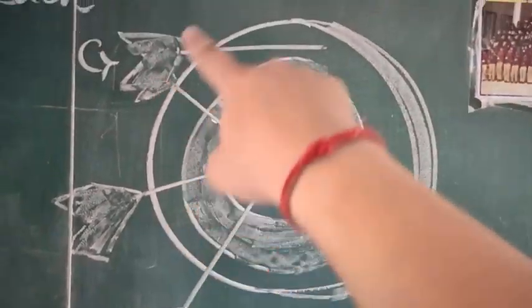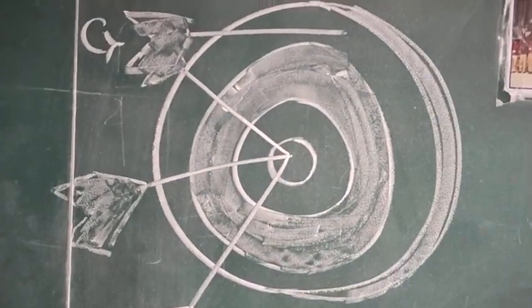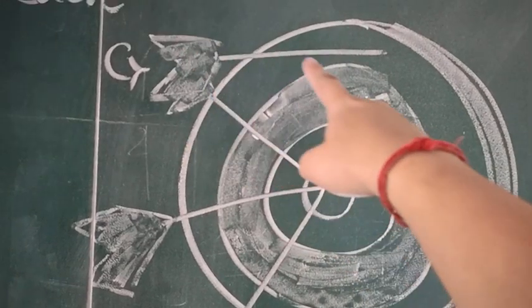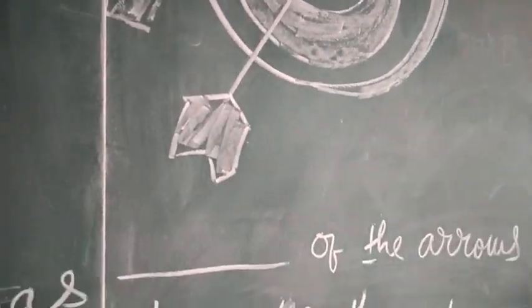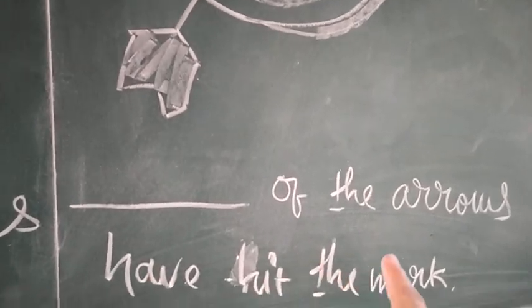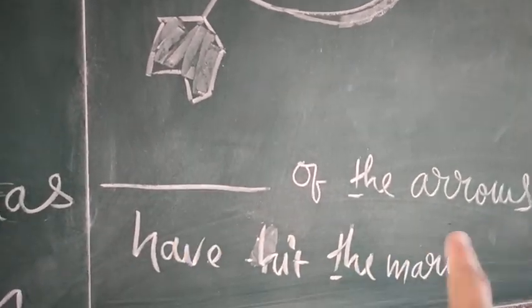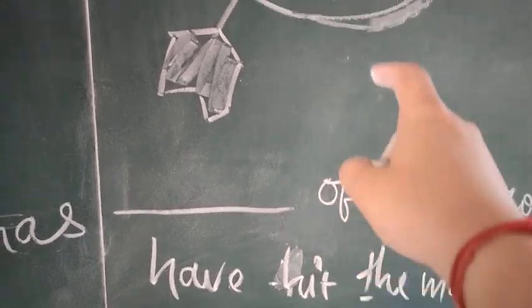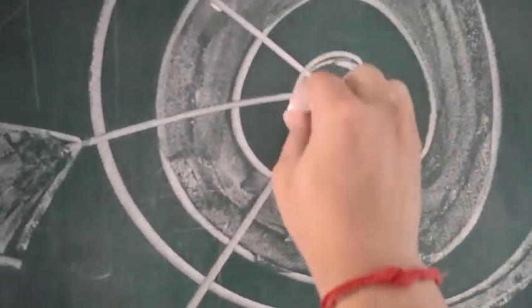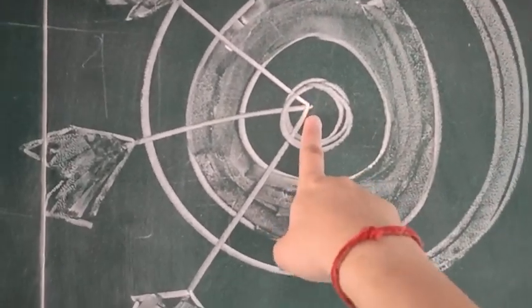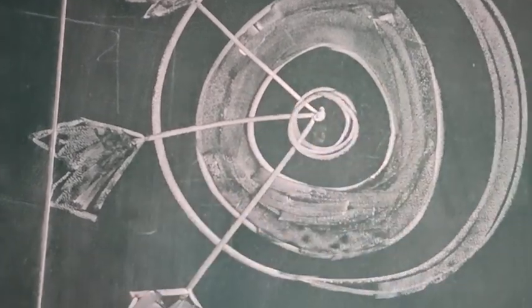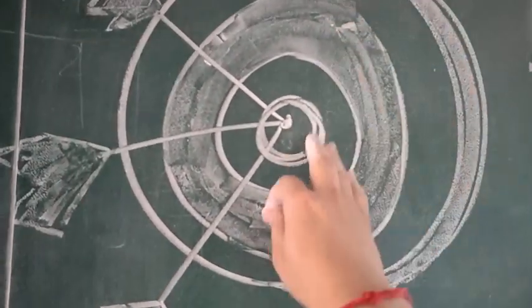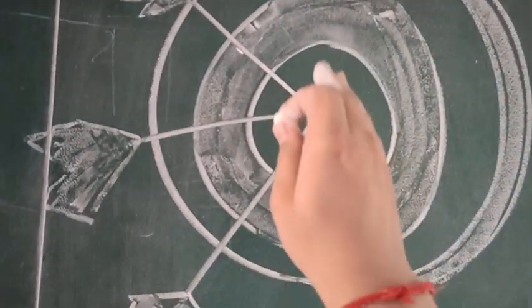Proceeding to part C we have here. This is an archery board, you can see the arrows. You have played this at home also, I guess. They are asking us: dash of the arrows have hit the mark. In this arrow game, whenever you hit, you point at the center. So this will be your mark, your main point, right?